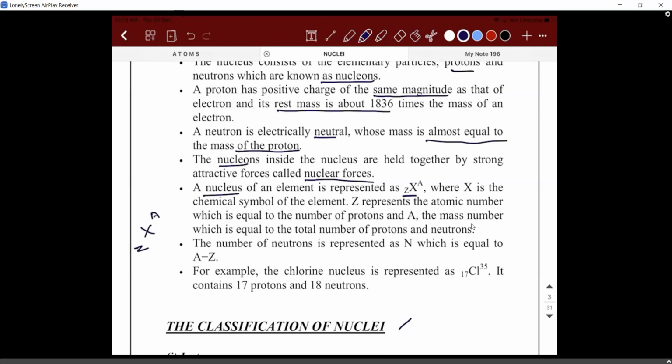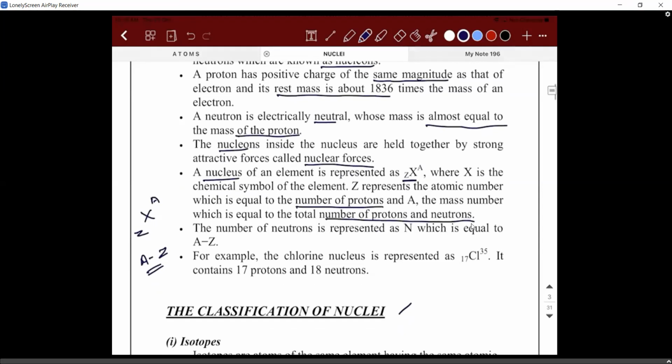So in X A Z, X is the chemical symbol of the element, Z represents the atomic number, which is equal to the number of protons, and A represents the mass number, which is equal to the total number of protons and neutrons. So if this kind of an element is given to you, and they ask you to calculate the number of neutrons, what will you do? Do the operation A minus Z, that will give you the number of neutrons.